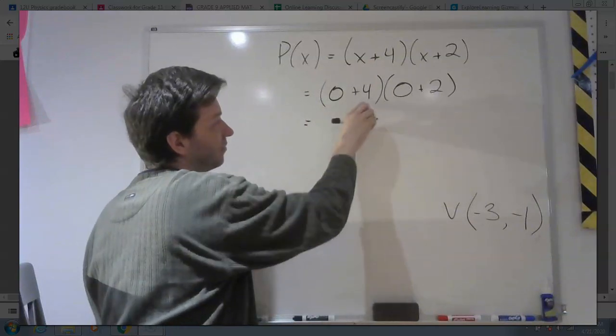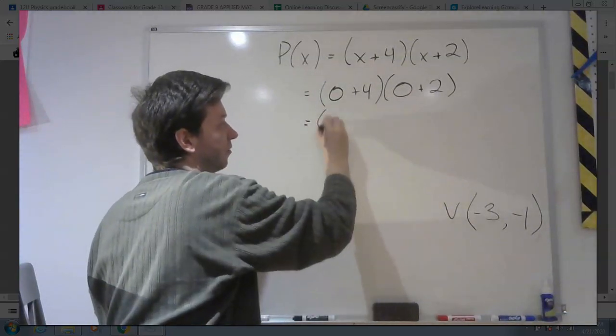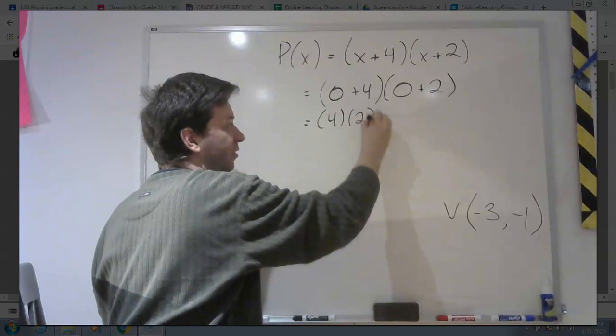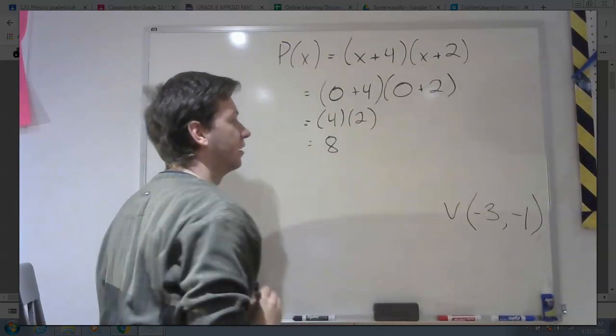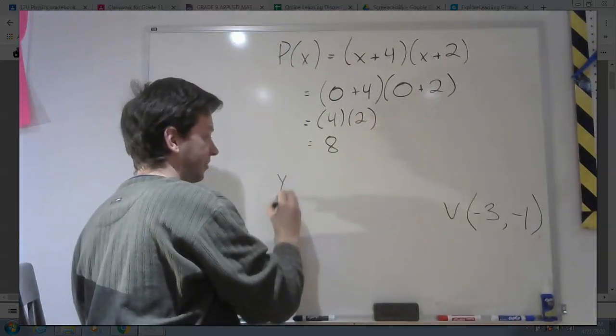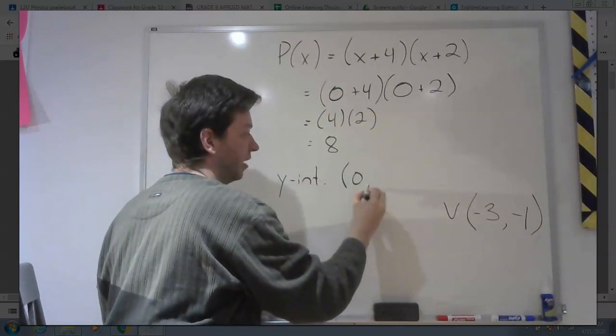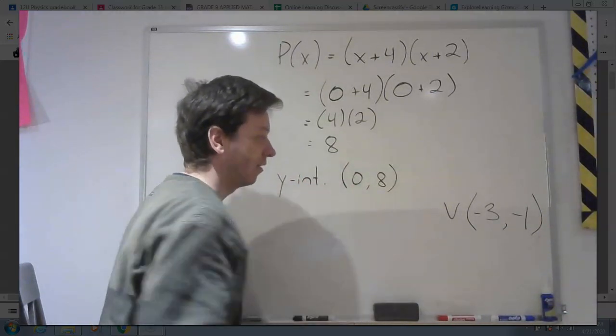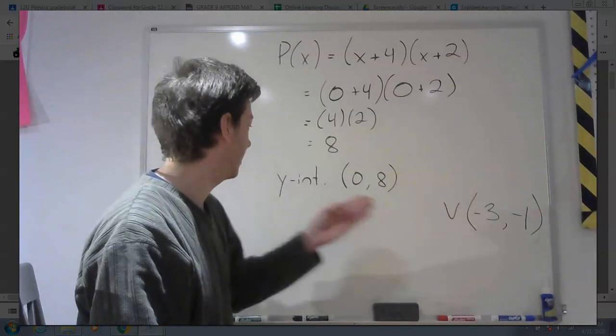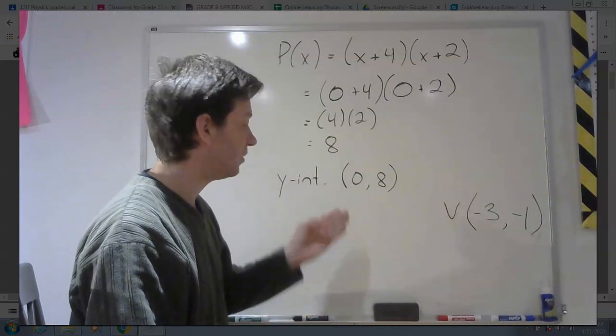Doing that, we get 4 and 2. And 4 times 2 is 8. So that means our y-intercept is at the coordinate (0, 8). Okay, so there we have our vertex and our y-intercept.